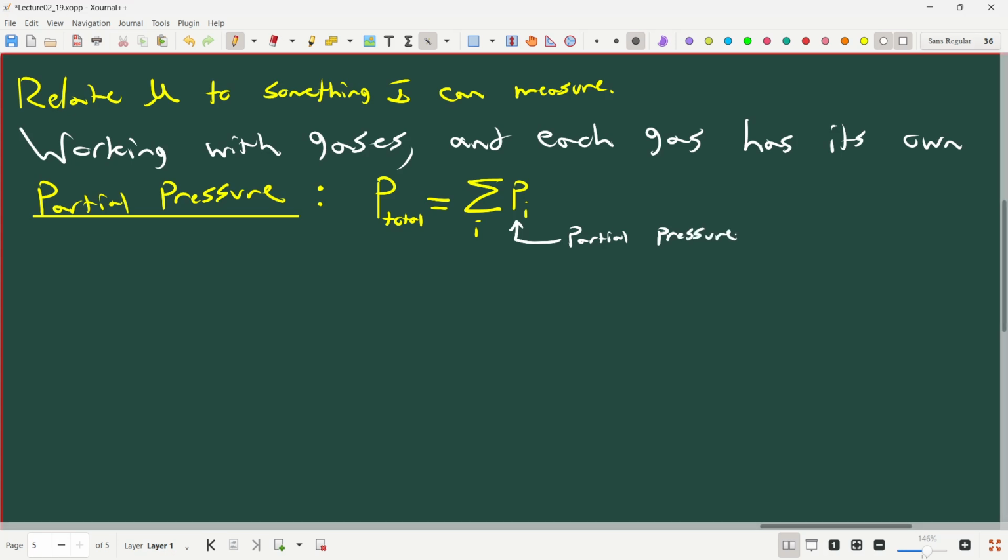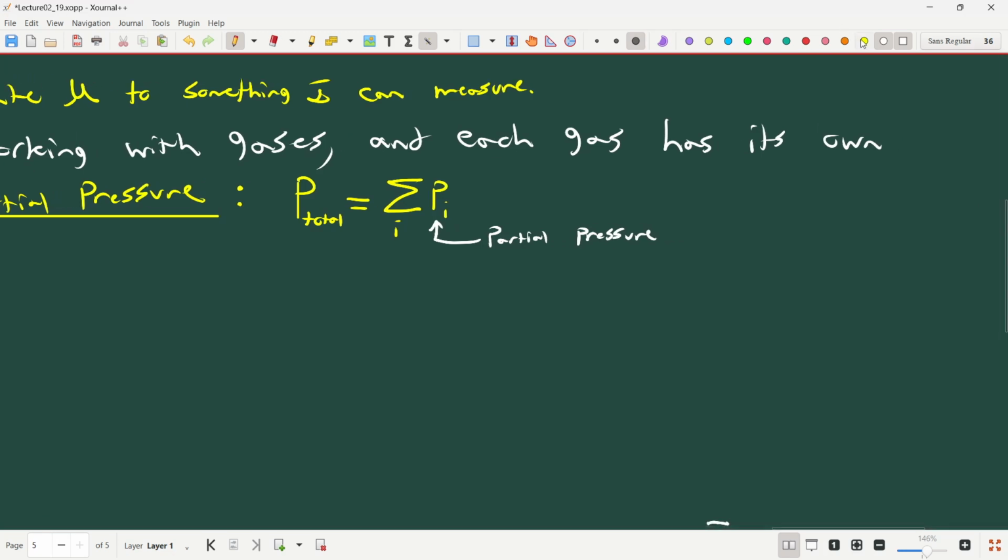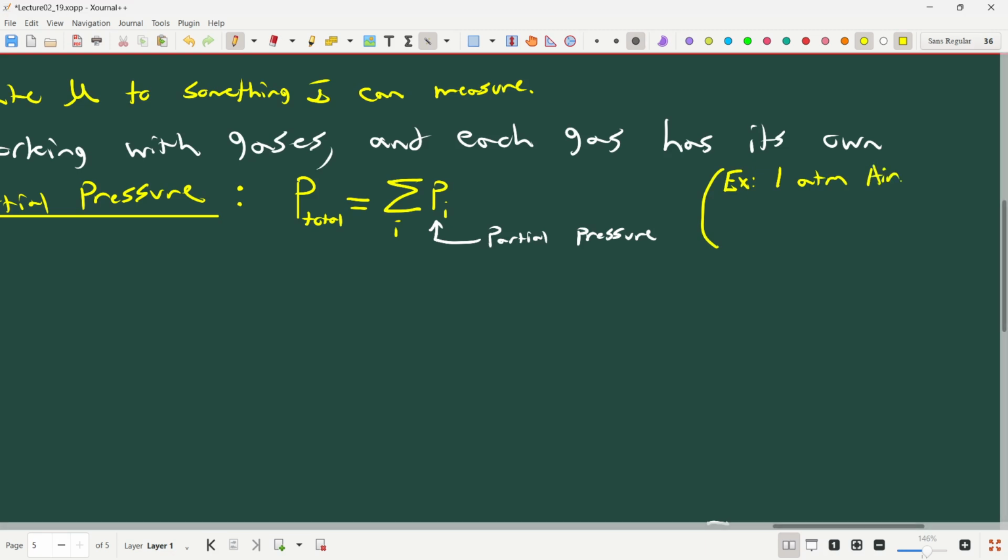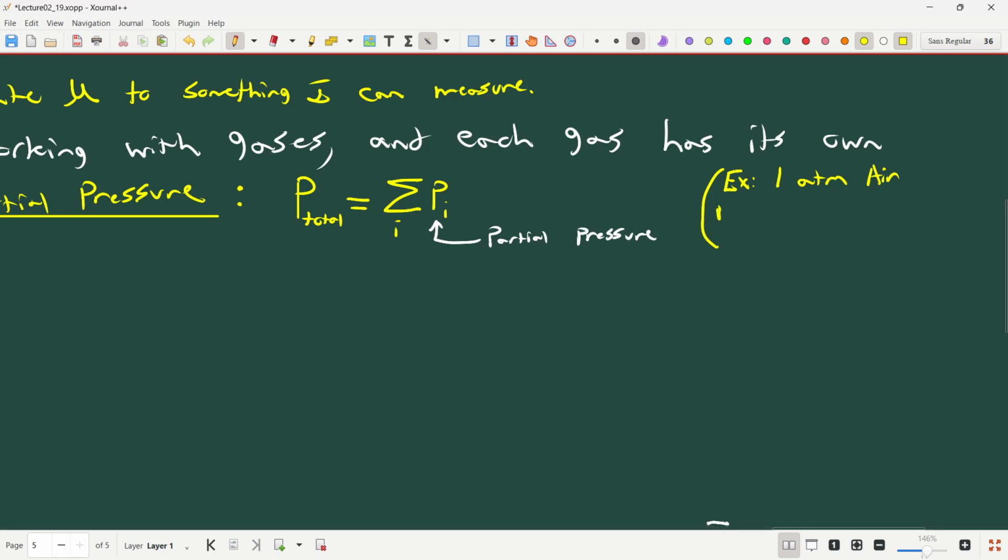Imagine, for instance, one atmosphere of air. What's the partial pressure of nitrogen? Well, let's look it up. Does anyone happen to know how much nitrogen there is off the top of their head? I didn't think so.